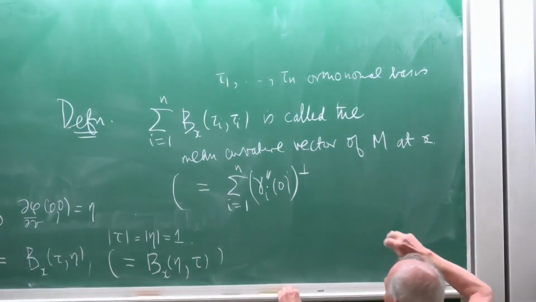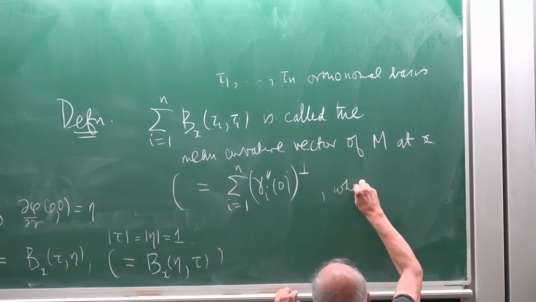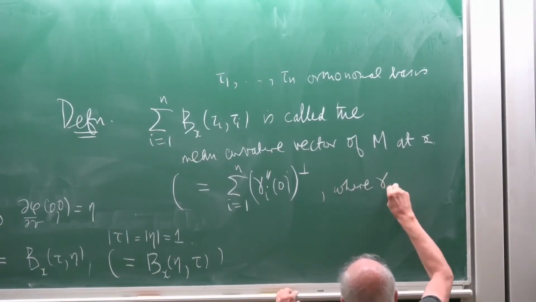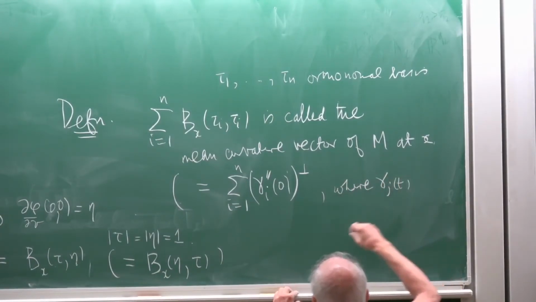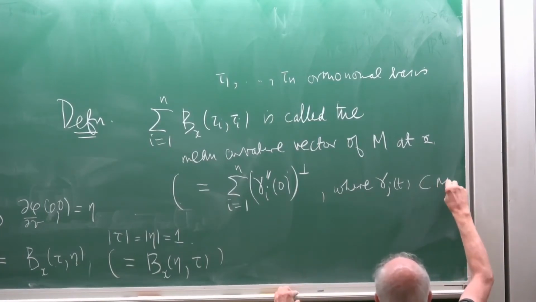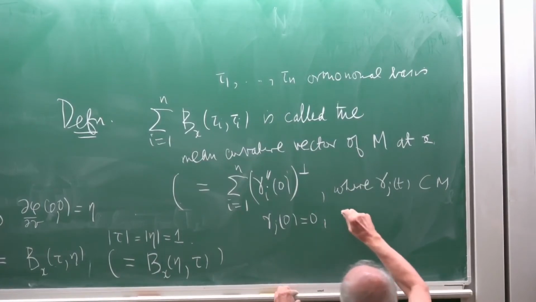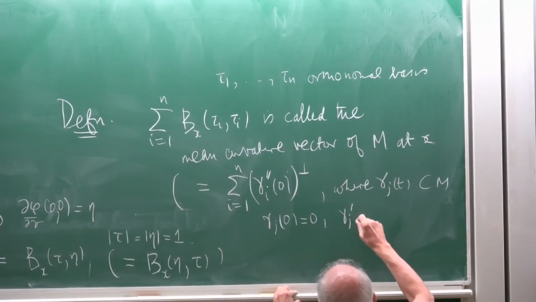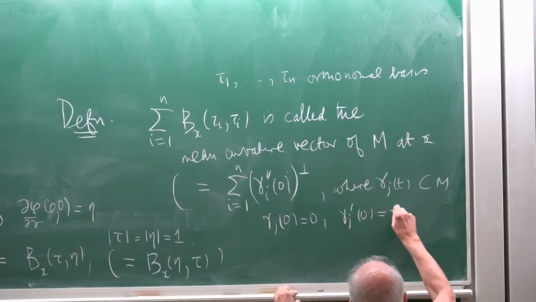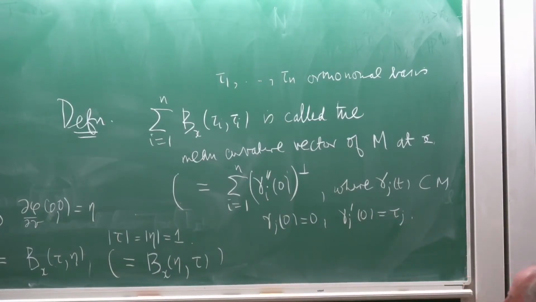So it's the sum of normal curvatures where γ_j(t) is a curve contained in M with γ_j(0) equals 0 and γ_j prime (0) equals τ_j.